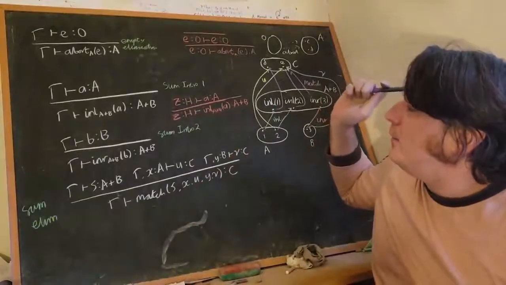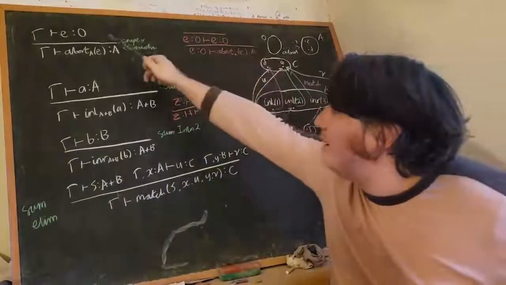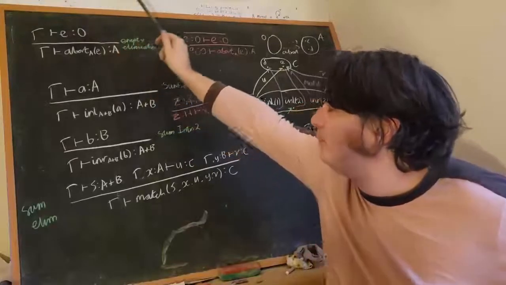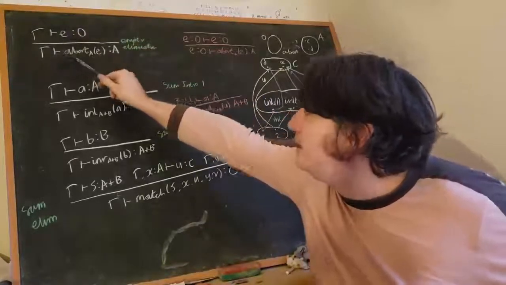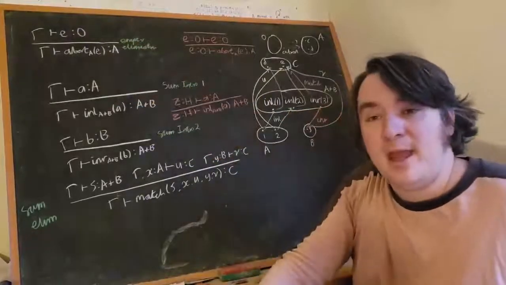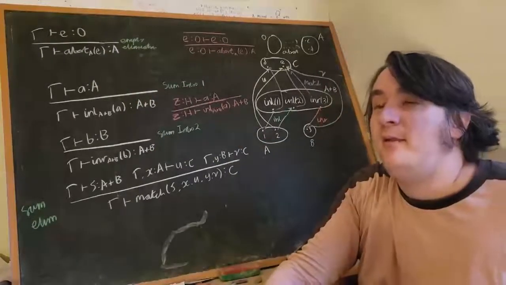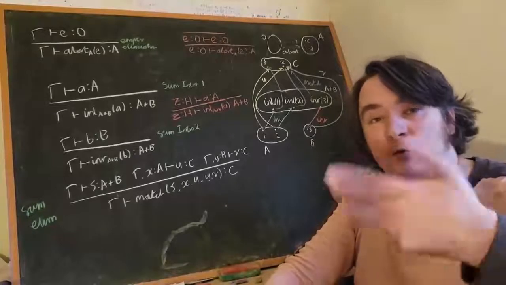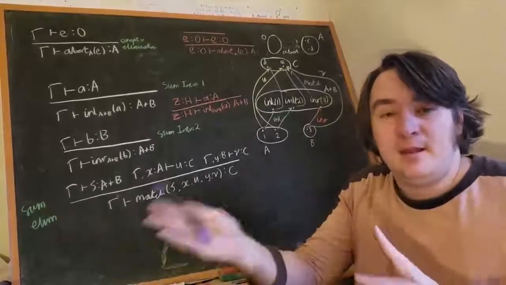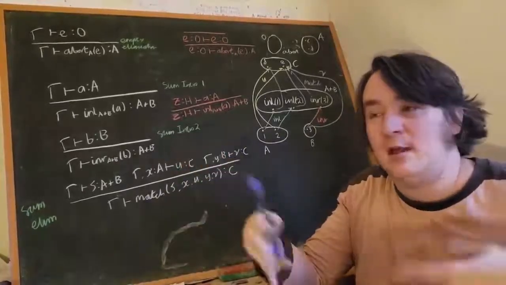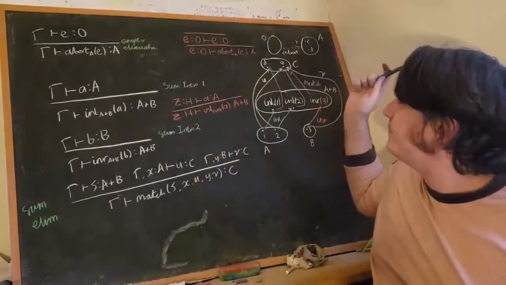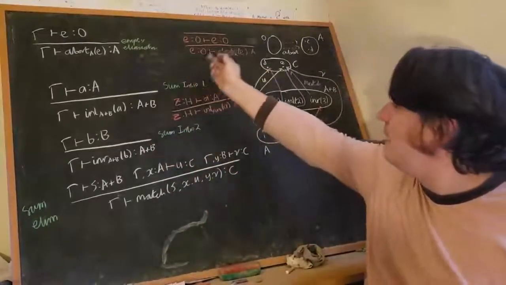What this is saying is that in any context, if you have a proof of the false proposition, then you can get a proof of any other proposition A. It's like if in arithmetic you assume that 1 equals 0, then you can use arithmetic to prove anything else you want, like that 7 equals 9 or whatever. So that's the first one.